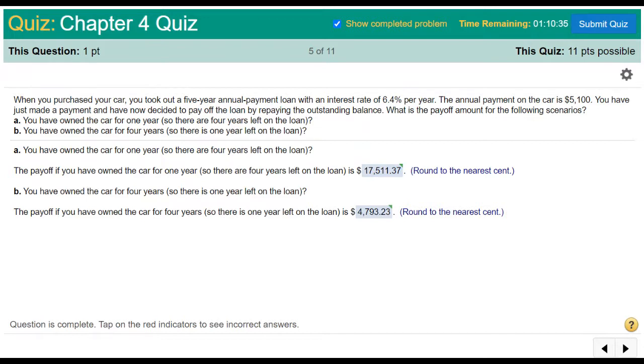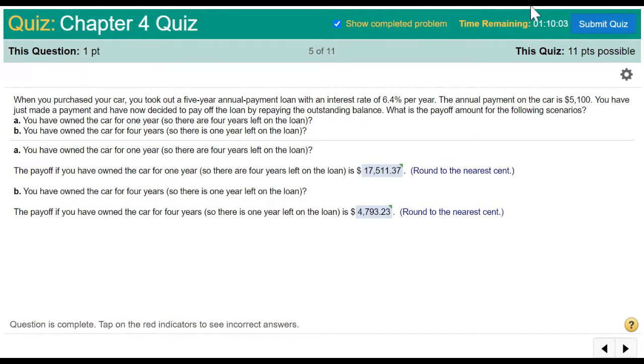Future value is 0, and then compute for present value. When you buy a car and you need the payoff amount, this amount is the amount with interest. If you're getting a payoff amount, you're not going to be paying interest on something that hasn't accrued interest yet. So you're going to get the present value.